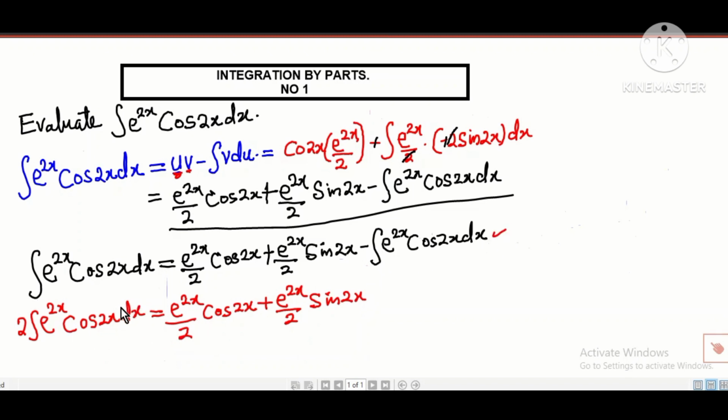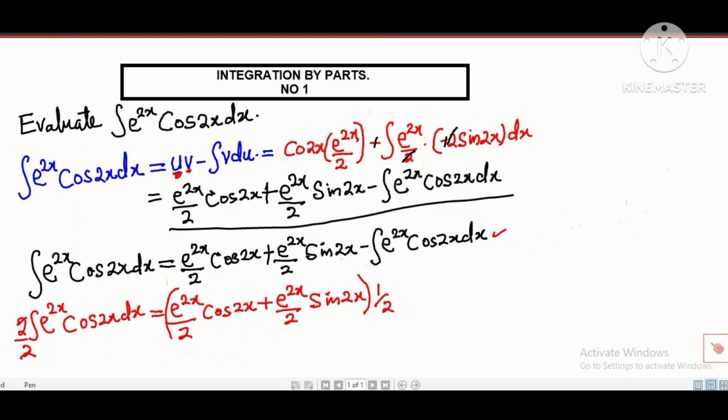Now at this point, you know what I'm going to do? I'm going to divide both sides by 2. Multiplying this place by 1 over 2 is the same thing as dividing both sides by 2, and this will cancel this.